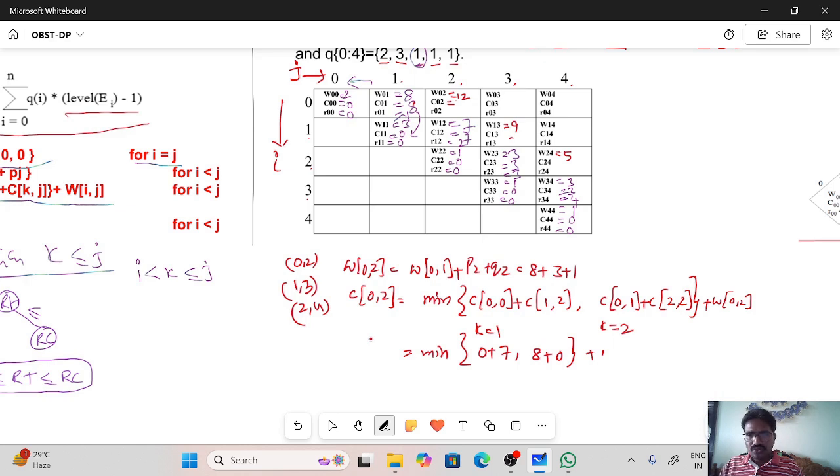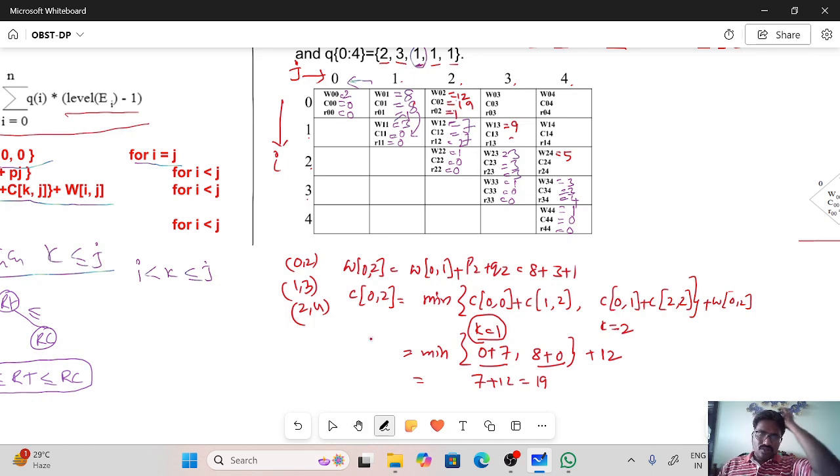W of 02 is 12. So now which is the minimum, either 0 plus 7 or 8 plus 0? 0 plus 7 is given by which k value? 1. So remember it. 7 plus 12 is nothing but 19. So what is the cost of 02? 19. Which minimum k value? 1. So that is our R02.